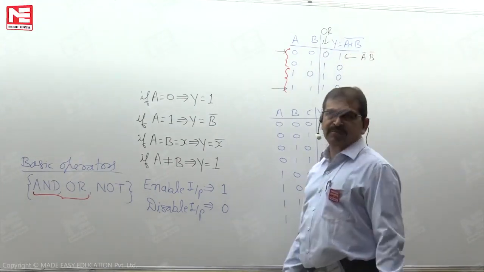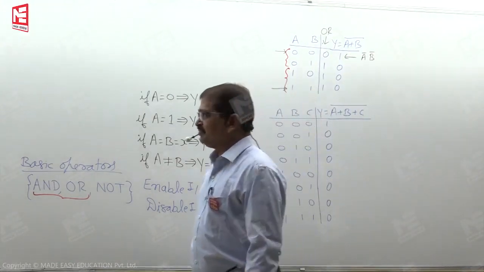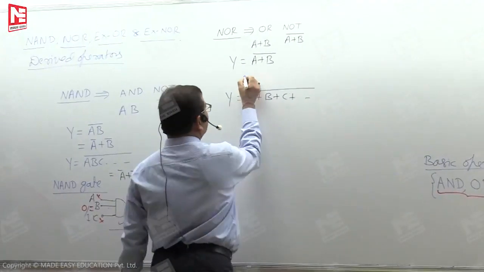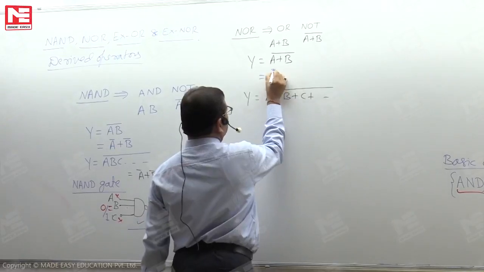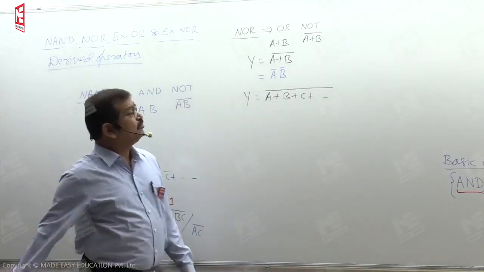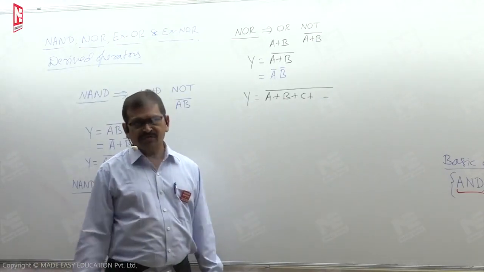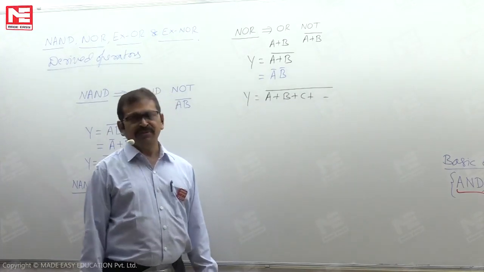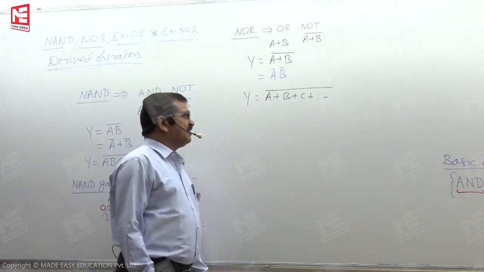Hence, it is A complement, B complement. Or equivalently, we can talk by using the De Morgan's property. There is a 12th property what we listed. So by using De Morgan's property, it is A complement, B complement.